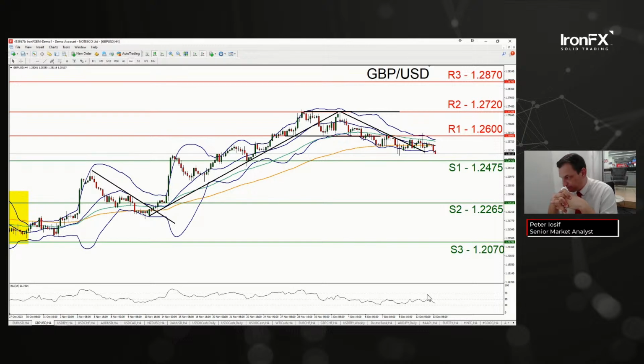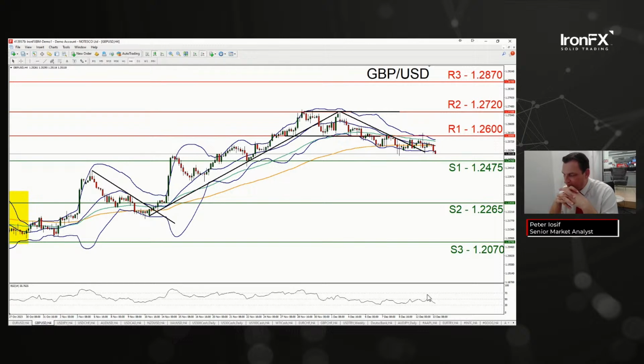On the flip side, should the bulls take over, we may see the pair rising, breaching the R1 1.26 and start aiming for the R2 1.2720.